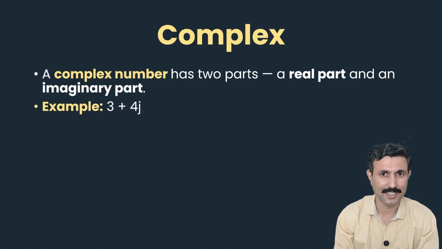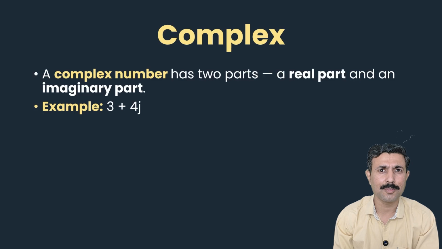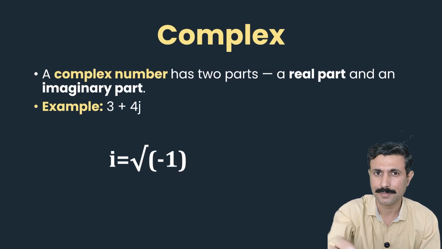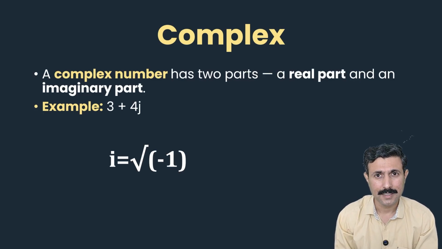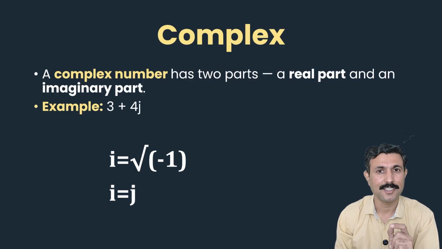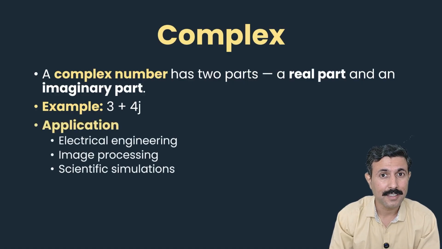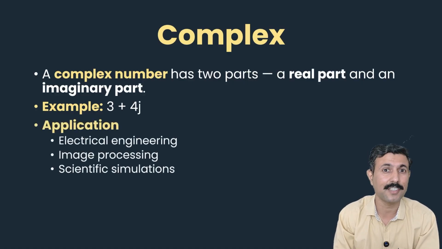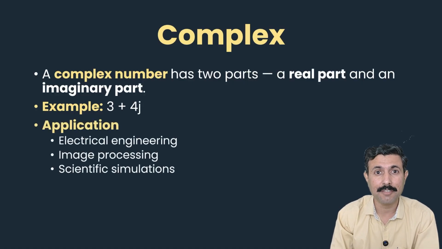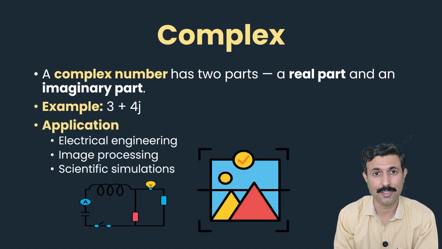If you have studied engineering or mathematics, you might remember that i is equal to the square root of minus 1. In Python, that i is represented with j. So you need to remember, i is represented with j. Complex numbers are used in electrical engineering, image processing and scientific simulations where signals and waves are involved. So these are some applications of complex numbers.